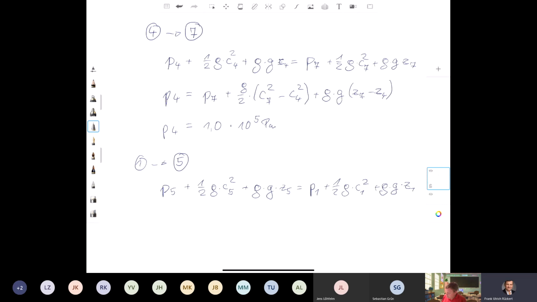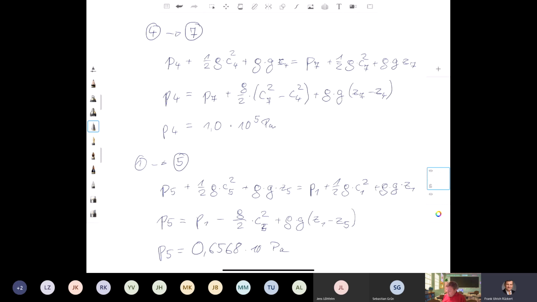And we will get the equation for P5. It will be P1 minus rho over 2 times C5 squared minus C1 squared plus rho g times Z1 minus Z5. And I've already solved it for you. It's like in a cooking studio. I already prepared it. It's 1.08 times 10 exponent 5 pascal.